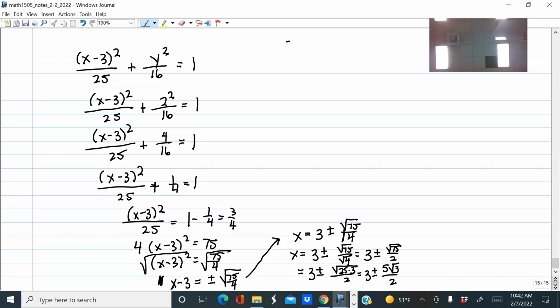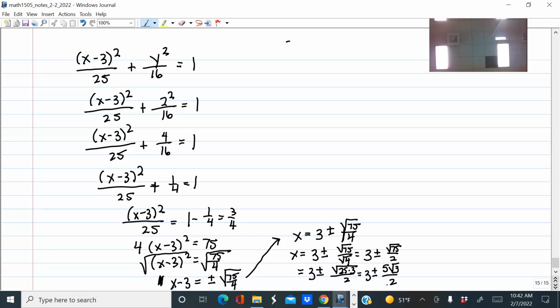From here on, you're going to have to use a calculator to get a decimal approximation. So your two possible x coordinates are 3 plus 5 times the square root of 3 over 2, and 3 minus 5 times the square root of 3 over 2.